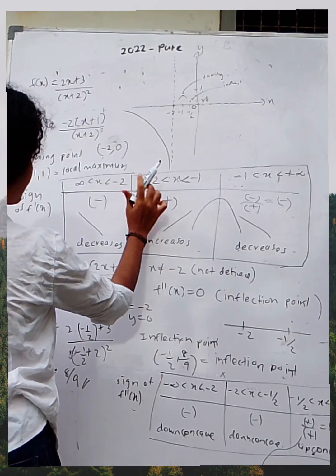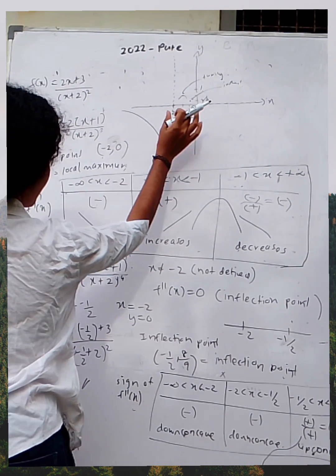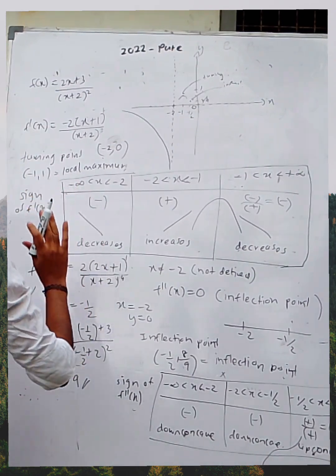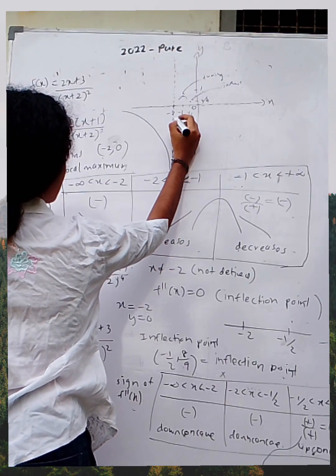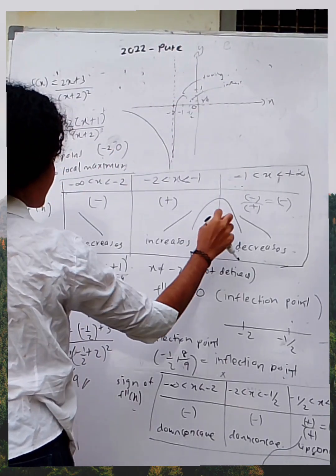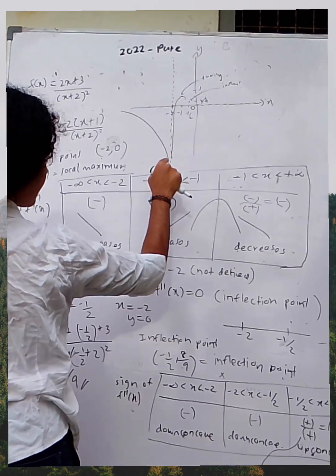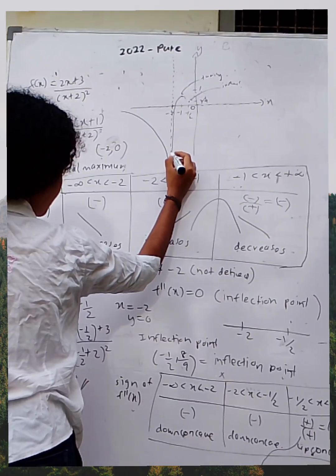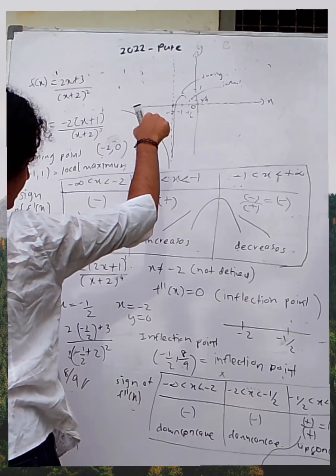Now between -2 and -1 will be an increment. So I draw that increment coming from here, increasing, and then it gradually decreases. Between -1 and -2, I drew it as the increment. So remember not to touch the dotted line because it's the vertical asymptote.